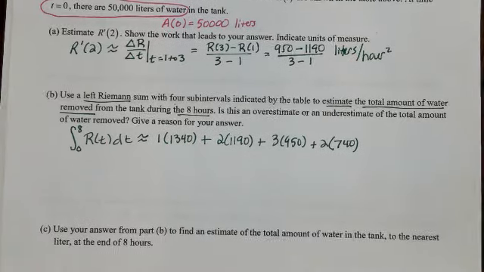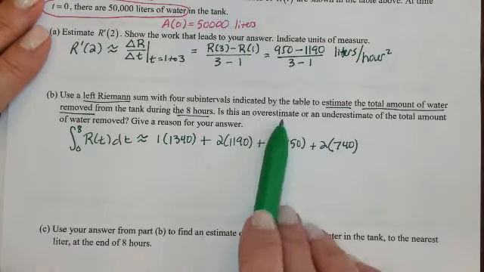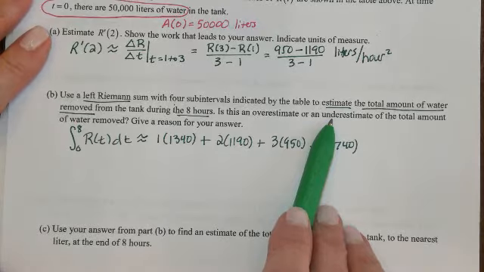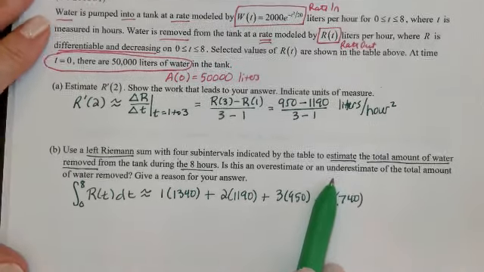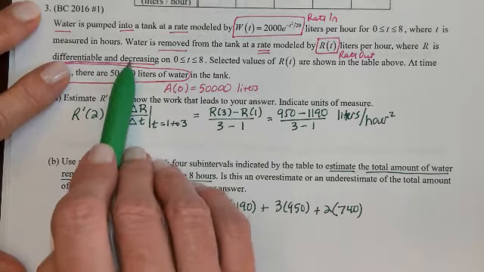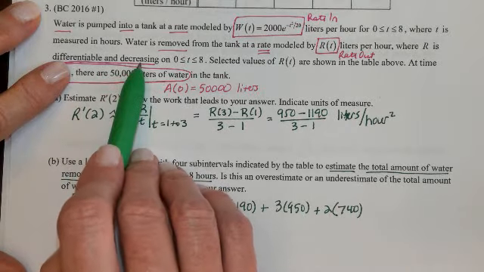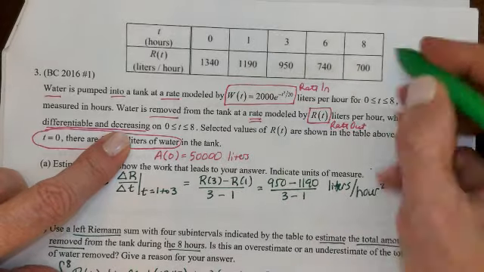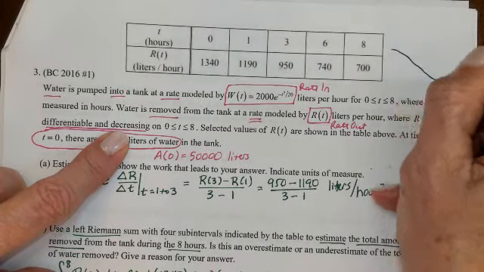And then we need to say, okay, is this an overestimate or an underestimate of the actual total amount of water removed? So we come up here to our information. They told us that R is decreasing. So R here is decreasing.